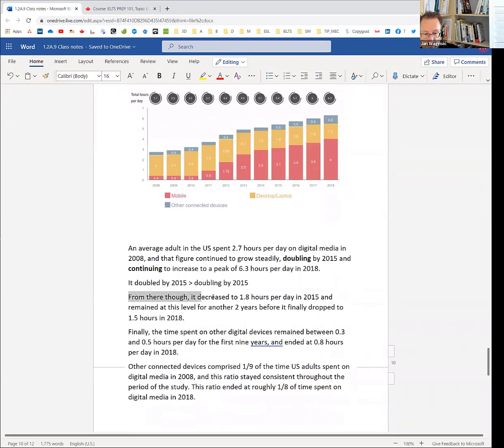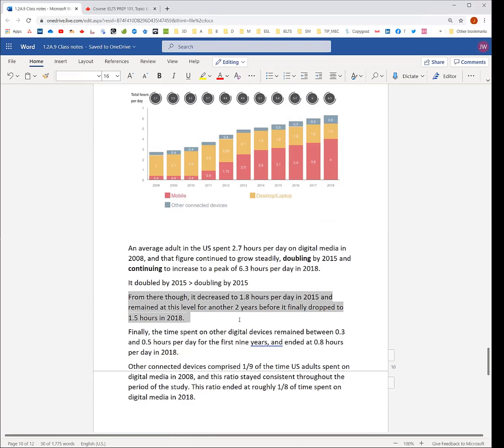From there, though, it decreased to 1.8 hours per day in 2015 and remained at this level for another 2 years before it finally dropped to 1.5 hours in 2018. What could you change to a participial phrase here? Kelly might have stepped away.